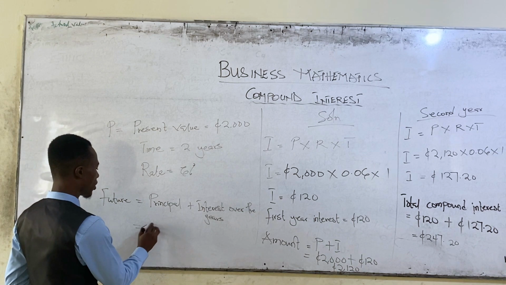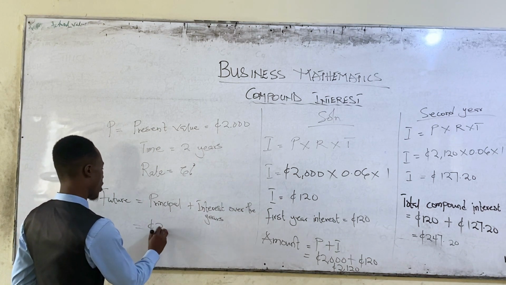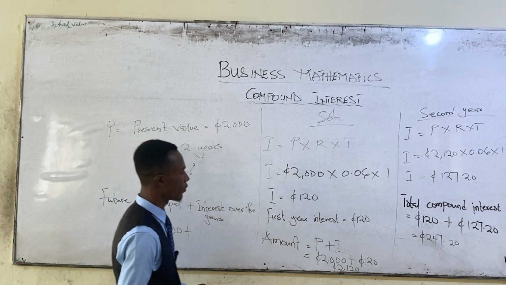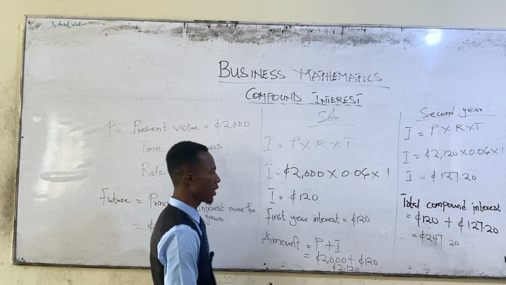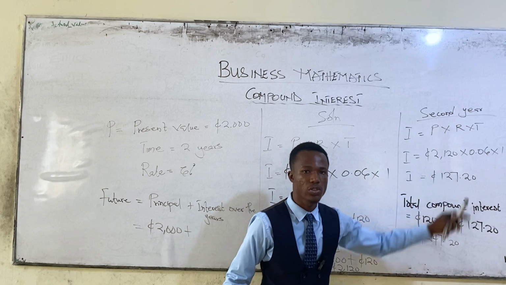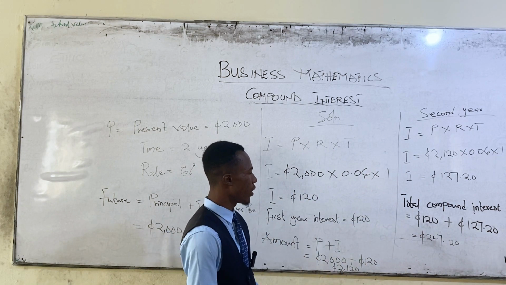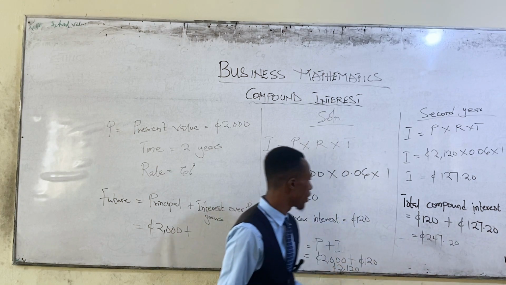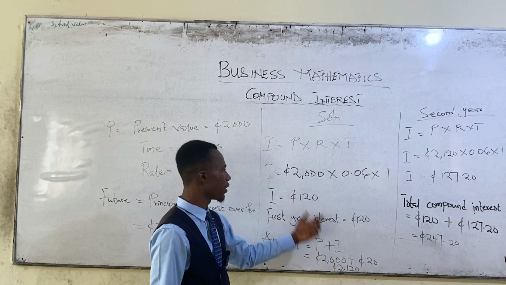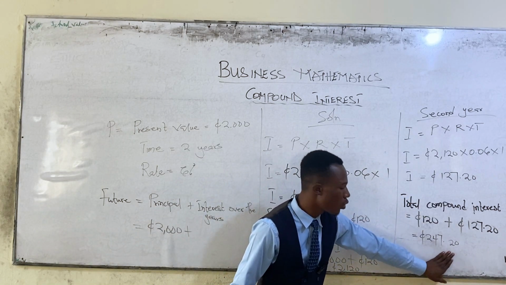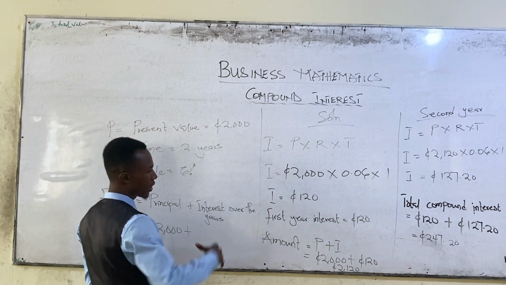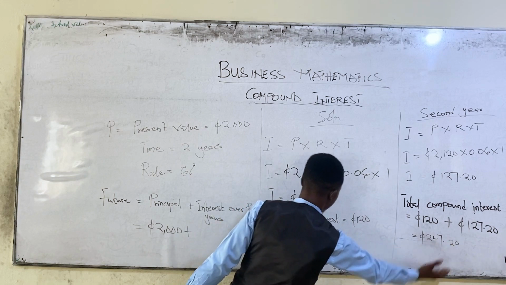So we say our principal here is 2,000 Ghana cedis plus the interest for the first year, 120, and interest for the second year, 127. But already we have calculated the total compound interest, which is 247. It means when we add the interest for the first year and the second year, we are going to get this. So there is no need for us to add the first year and the second year. We just take the total from here.